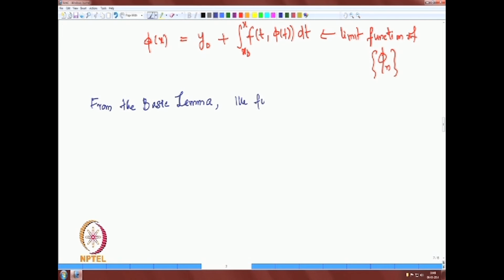So, the function phi satisfies the initial value problem.